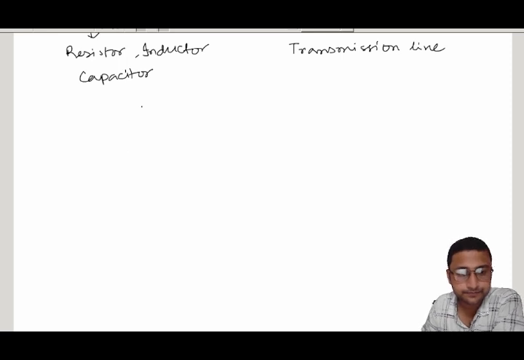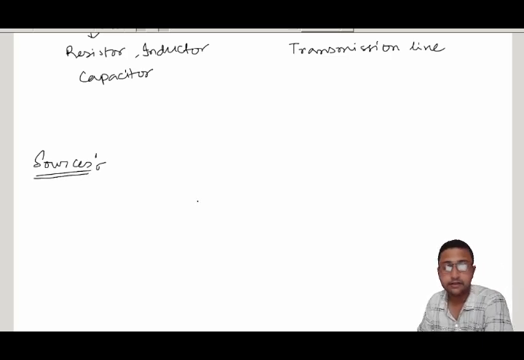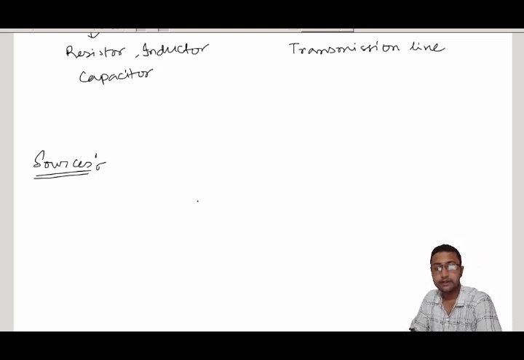The next point is sources. So first of all, what are energy sources? In electrical and electronic circuits, some components or elements are used to supply the required level of energy for the operation of the circuit.